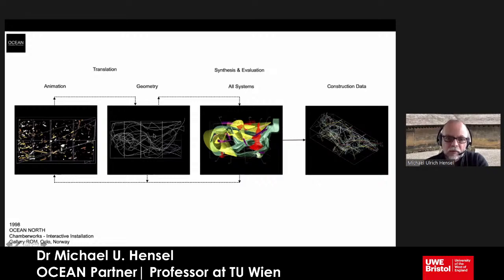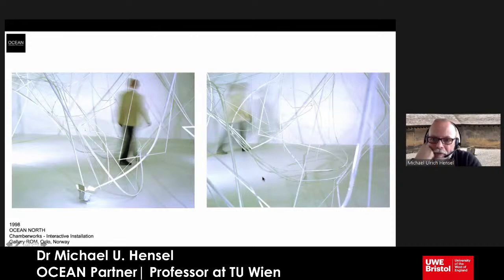Maybe we liked it, maybe we didn't. If we didn't like it, we went back to the animation and did the whole thing again, checked it again. Checked it also against the other criteria. Is it possible to move through, etc.? And in the end, to gain from this process the controlled geometry for the construction of the installation, right?